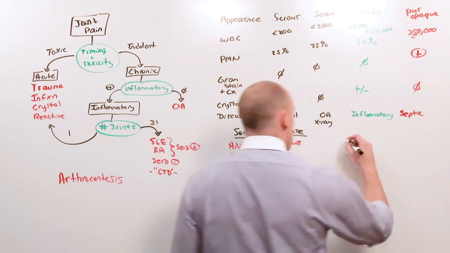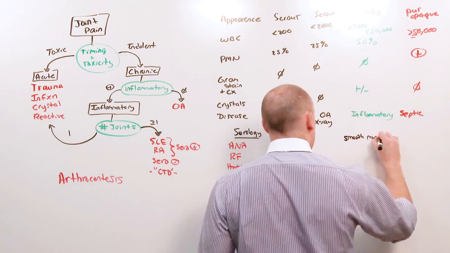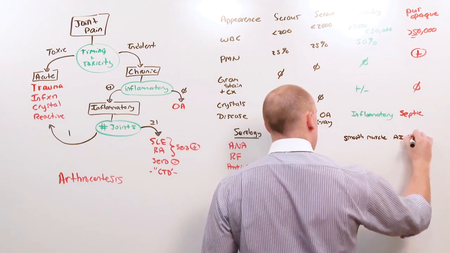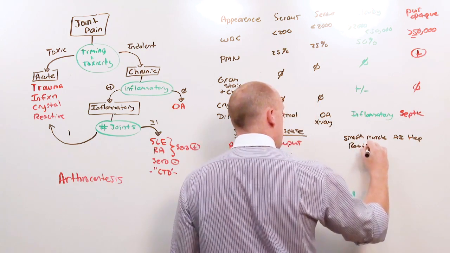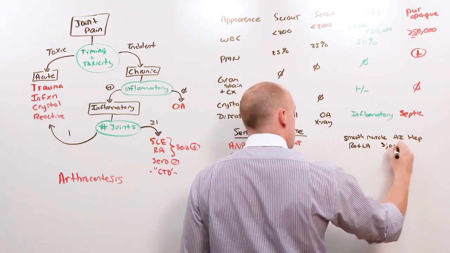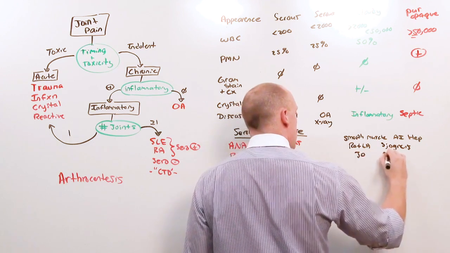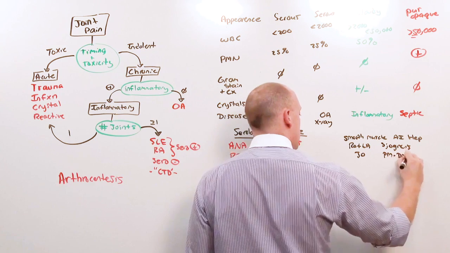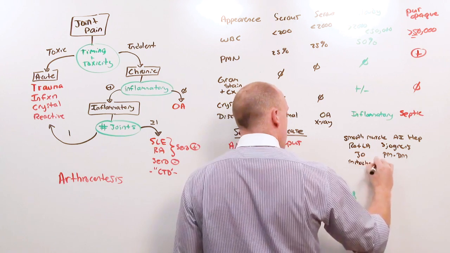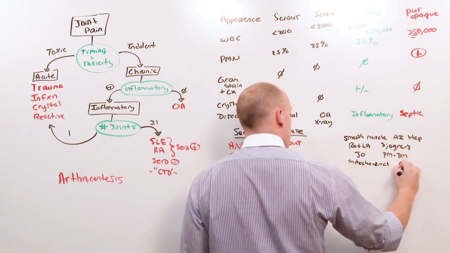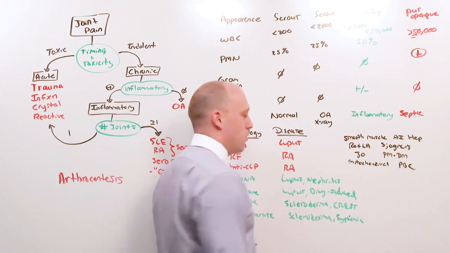And they are the smooth muscle, this is autoimmune hepatitis, Ro and La, Sjogren's, Jo-1, polymyositis or dermatomyositis, and antimitochondrial antibodies, primary biliary cirrhosis. And there's some others in here like p-ANCA and c-ANCA, but let's not go there.